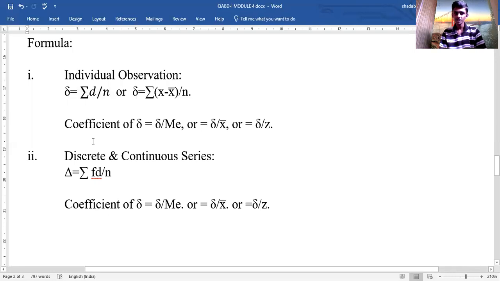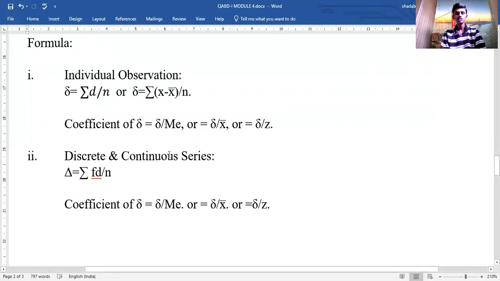The coefficient of delta equals delta divided by median, or delta divided by mean, or delta divided by mode, based on the question given. Based on that, we have to change the denominator symbol.